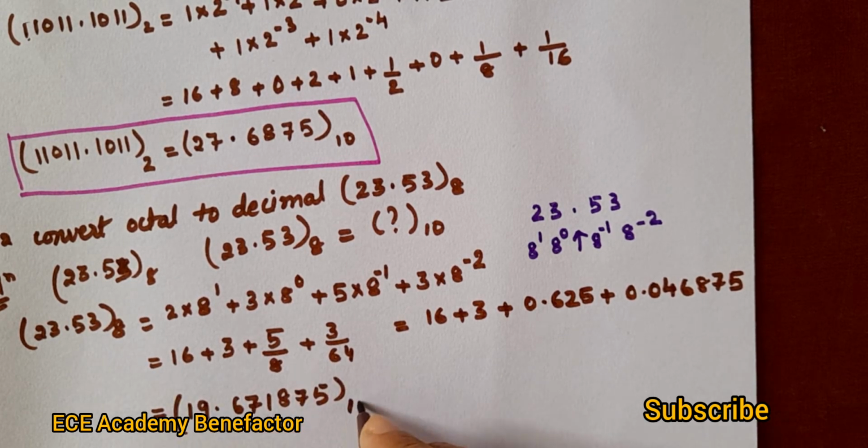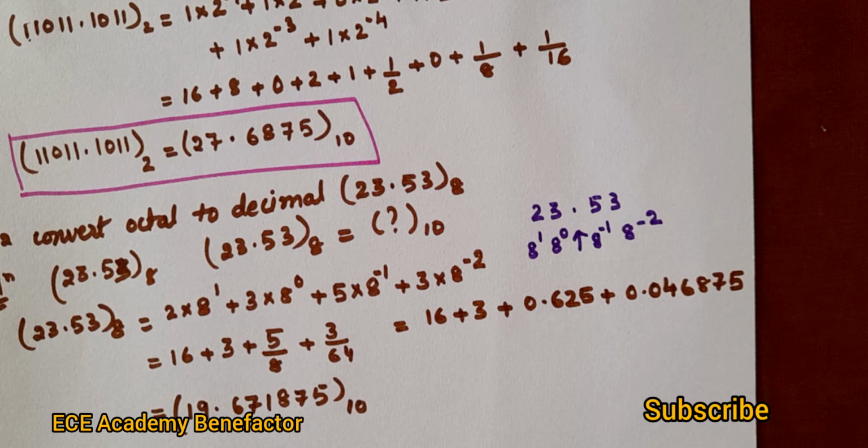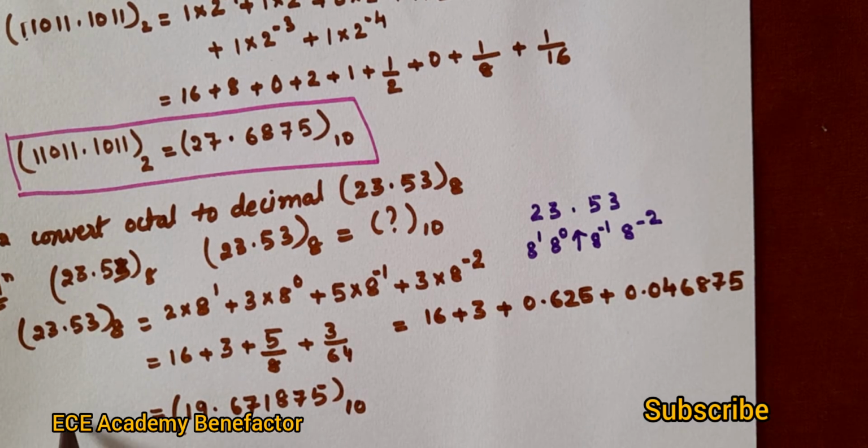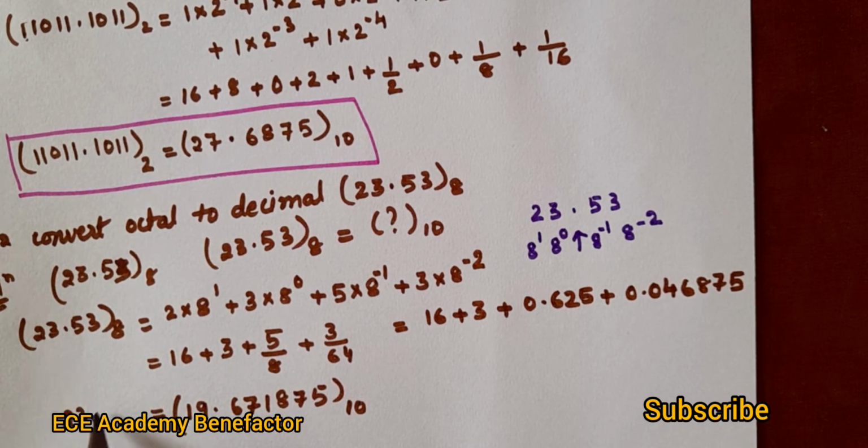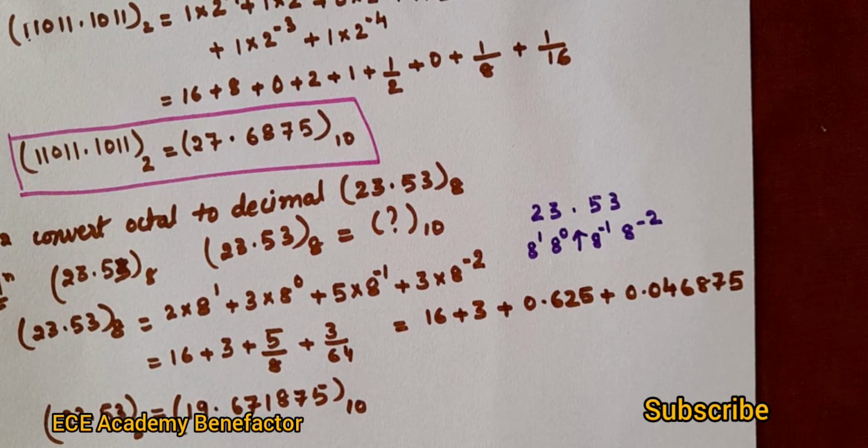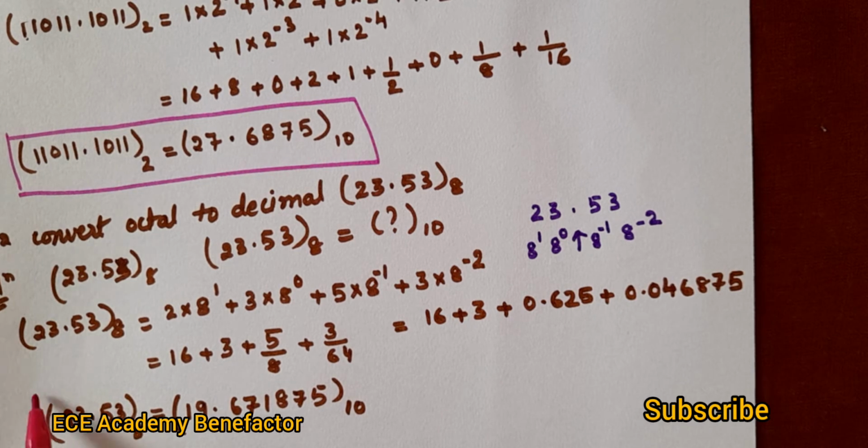So, this is a decimal number. So, what we have converted? 23.53, an octal number, to decimal number. Okay. So, this way you can convert an octal to decimal.